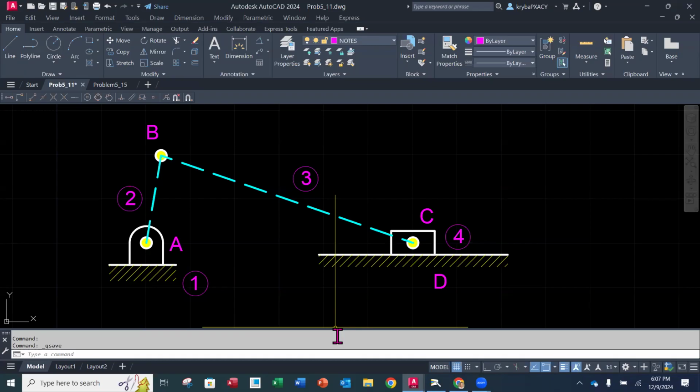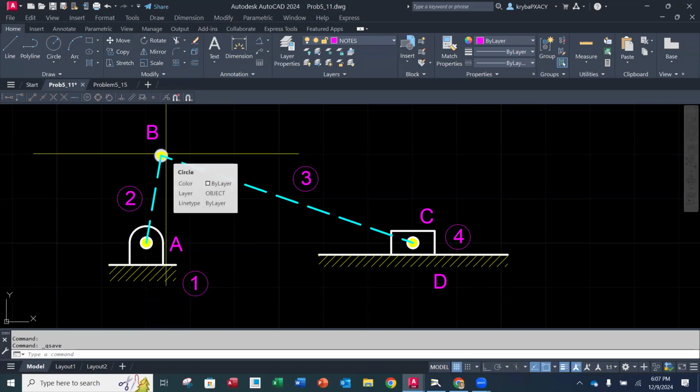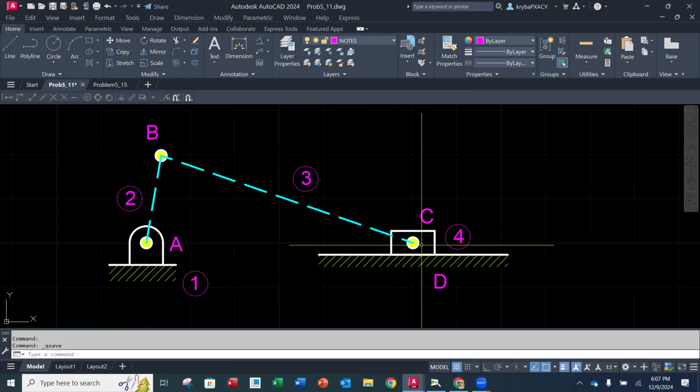Then we have the letters at each one of the joints, starting with A, the center of rotation for our crank, B is at the end of the crank, beginning of our connecting rod, and C is going to be at the center of our slider. I did add D here because that is going to be the last joint that we have. Even though it's not going to be part of the design, it's good to put it on there, okay?